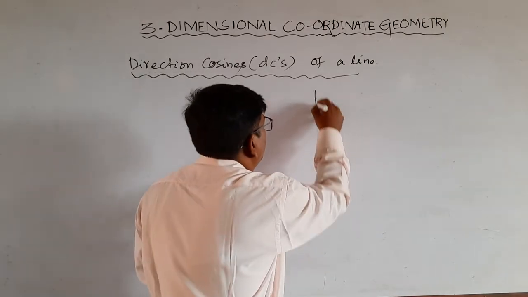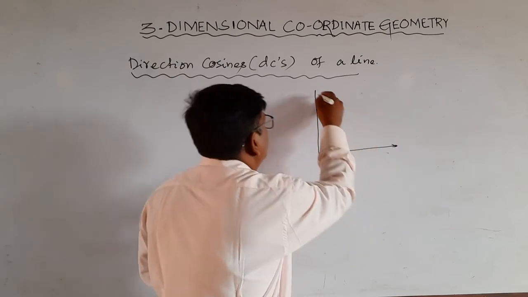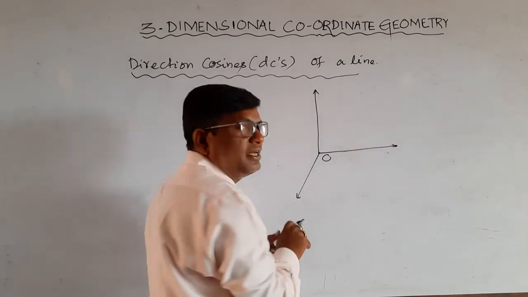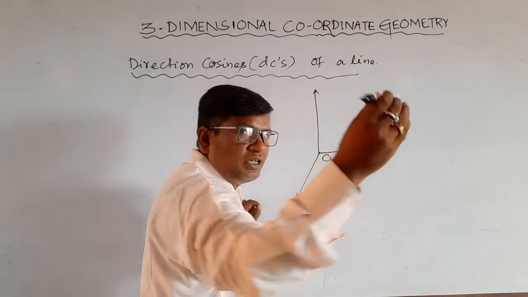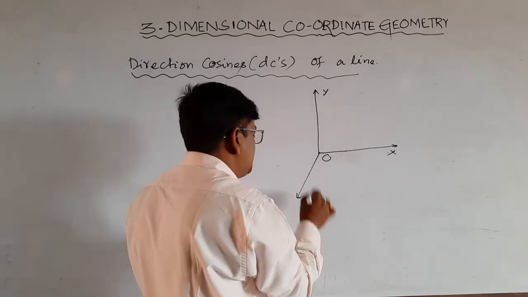So this is the three-dimensional coordinate system. This is the origin and this is the z-axis. The z-axis is like this towards us, and this is x and y, and this is z.